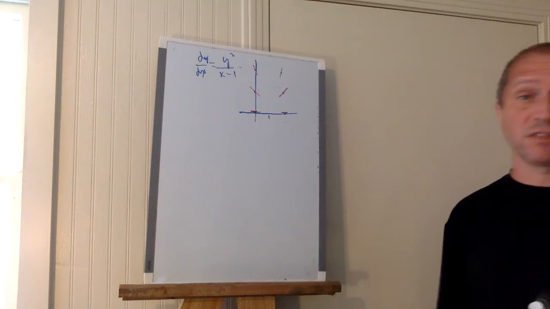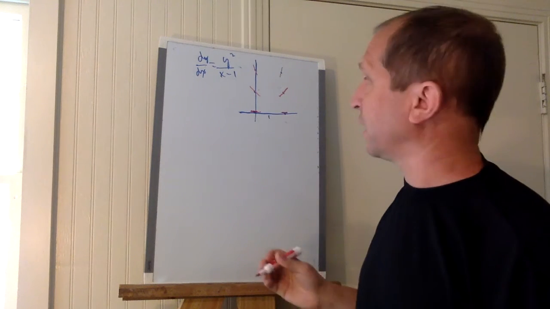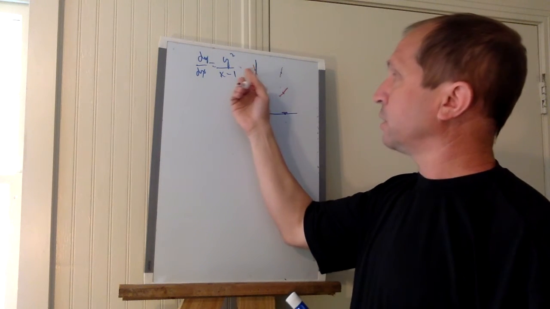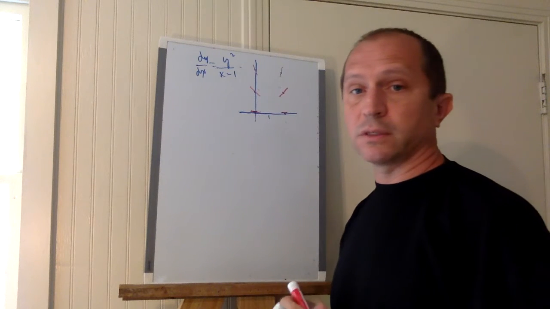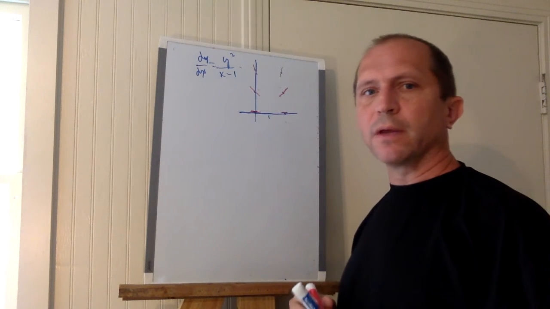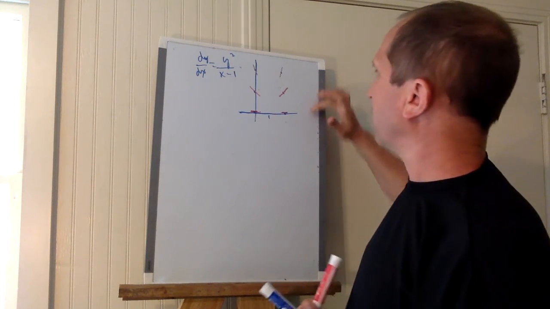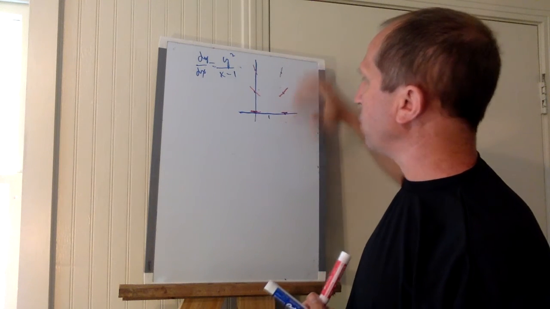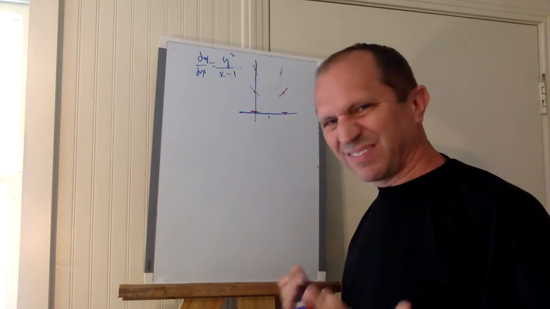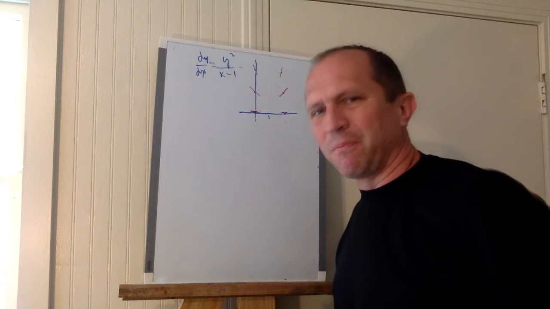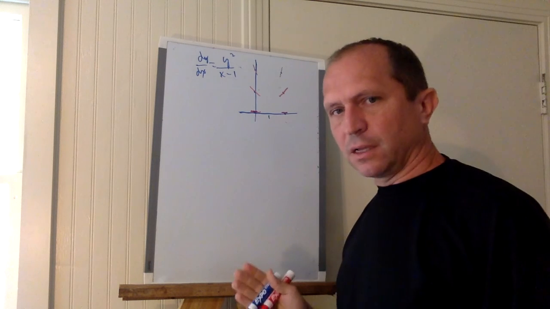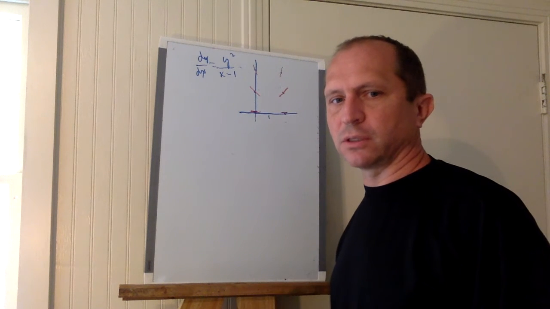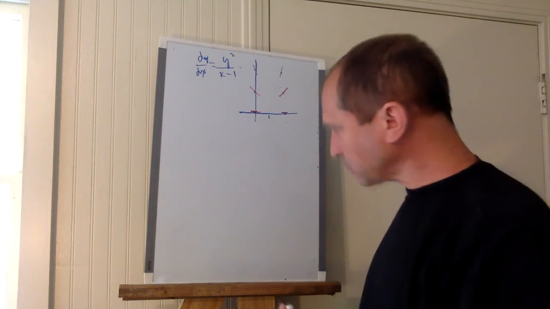If you wanted to, off to the side, you could show your work and say this is calculated as negative 4 and this is calculated as positive 4. But if your slope doesn't match, you won't get credit for it. So make sure that the slopes are done correctly.